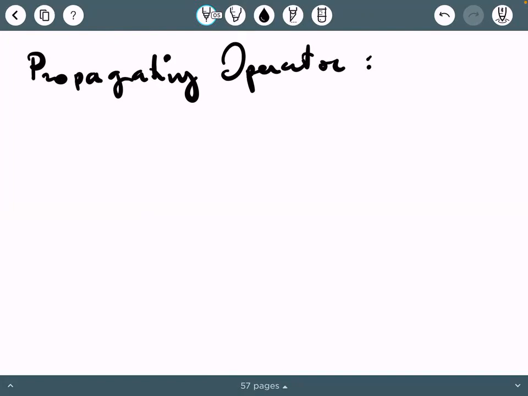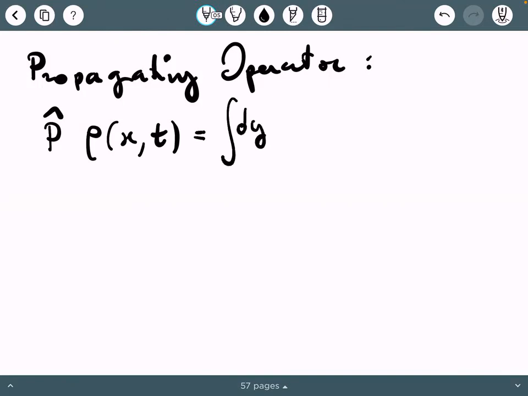and the propagating operator is nothing but the time evolution operator of the Fokker-Planck equation. So what is it? Its definition is given for any distribution. I won't call it P, I will call it rho now to avoid confusion between the propagating operator and the probability density. And the action of this would be given by the following intuitive equation.